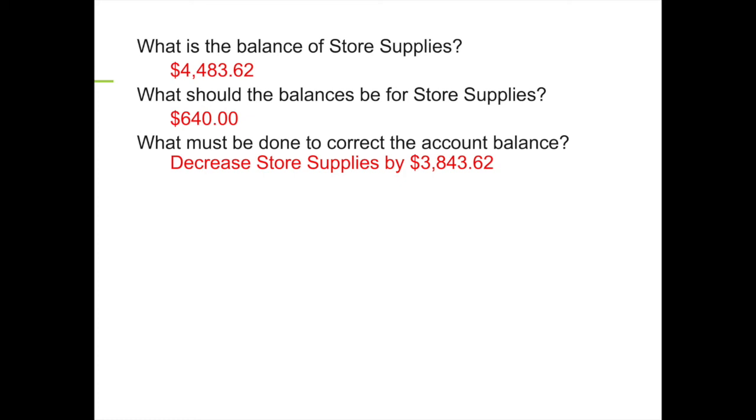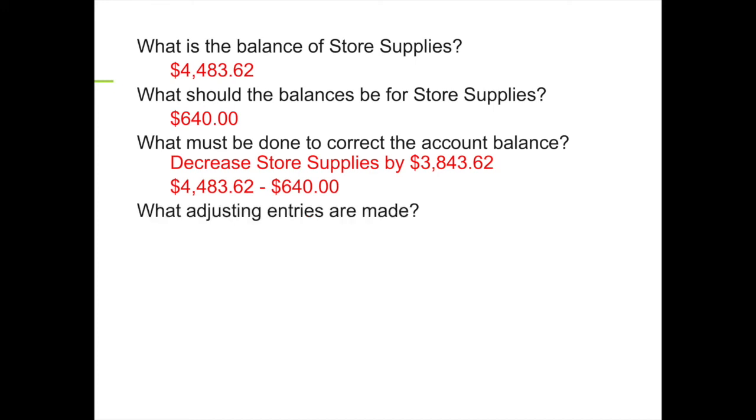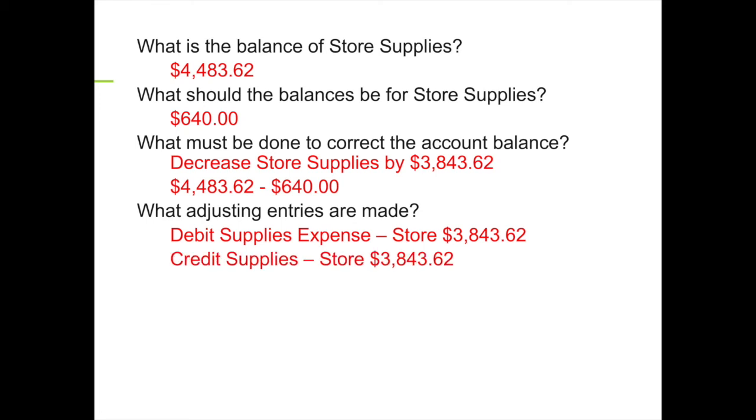What must be done to correct the account balance? You're going to decrease your store supplies by the difference, $4,483.62 minus $640, and you're going to decrease store supplies by $3,843.62. What adjusting entries have to be made? We're going to debit our supply expense because that's going up for the amount of supplies that we've used up, and we're going to credit supplies because that account is going to go down by that same amount.